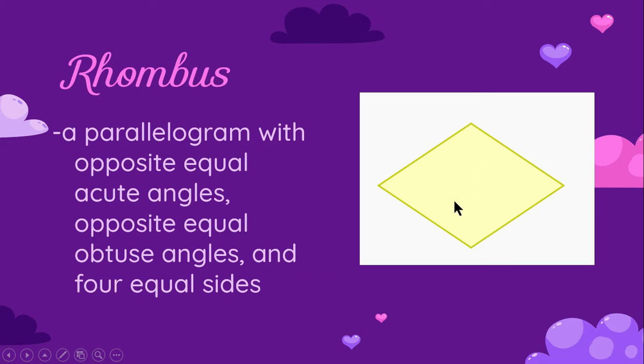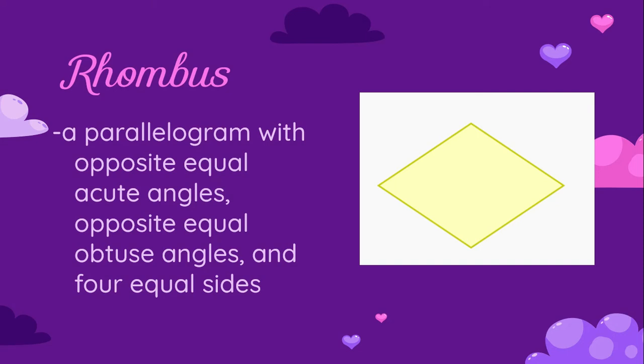Rhombuses are always parallelograms because the opposite sides of a rhombus are parallel. But not all the time is a parallelogram a rhombus, because there are some parallelograms like the rectangle that have no four equal sides.